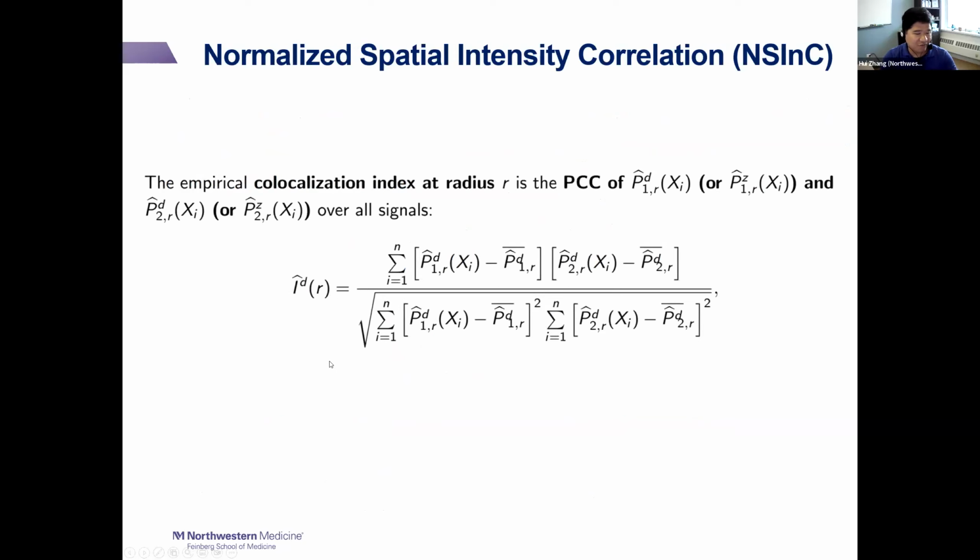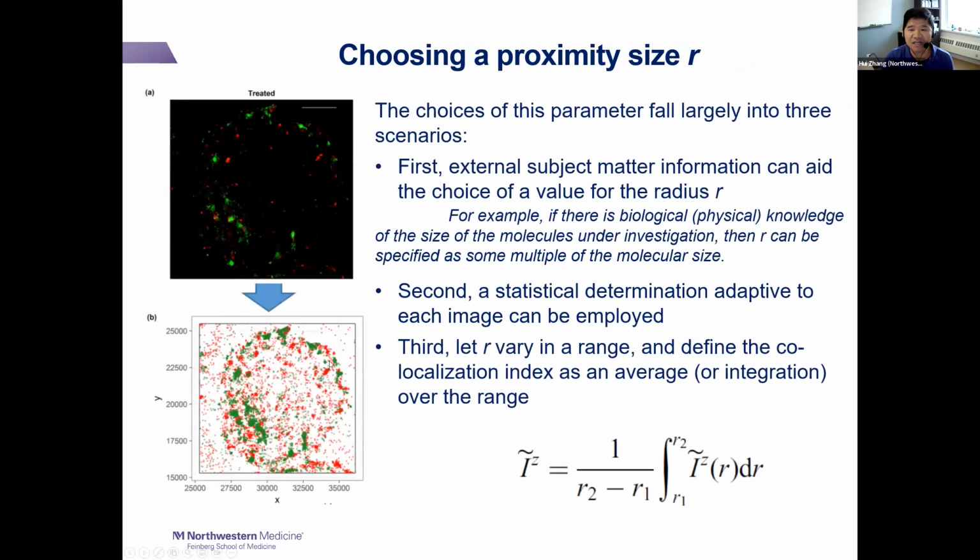Now the very important question becomes: when you see the red and green signals co-localized, you need to give a definition of polarization. For example, how far can the green be from the red for you to claim polarization? For this image, if the red and green are within a neighborhood of like 1 millimeter, or 1 million nanometer, you claim polarization, and everybody here will agree it's correct.